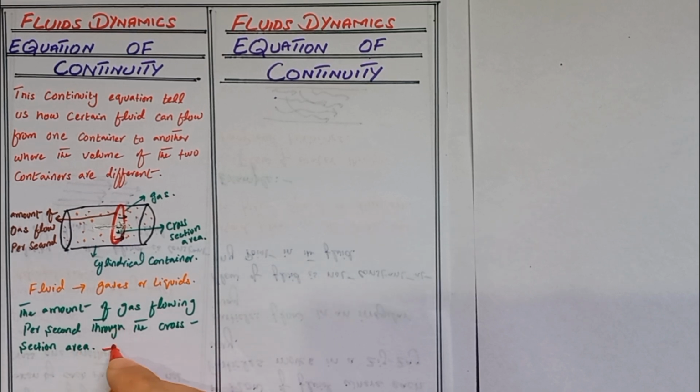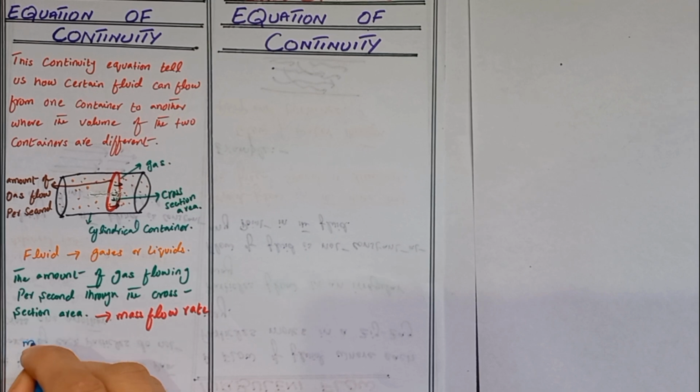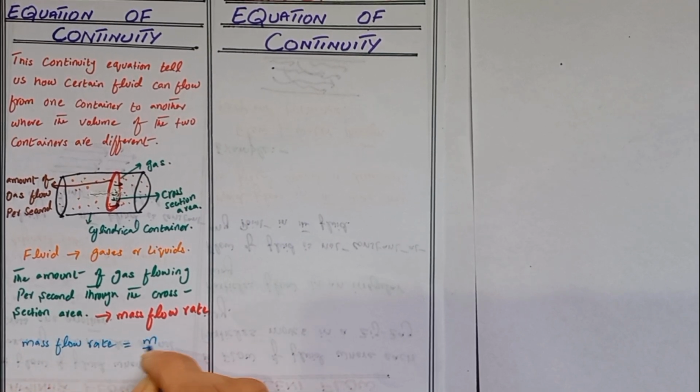The amount of gas flowing through the cross section area per second is known as the mass flow rate, and this mass flow rate is equal to m over t.